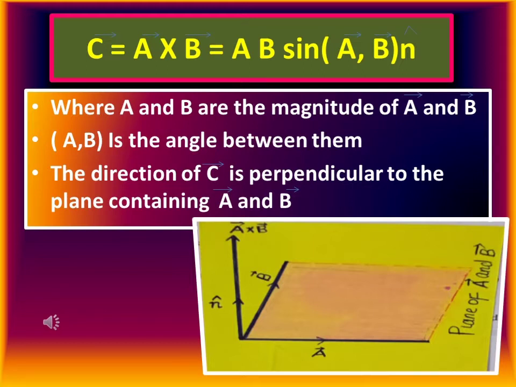And n cap is a unit vector perpendicular to the plane of vector A and vector B. Then the direction of vector C is perpendicular to the plane containing vector A and vector B.